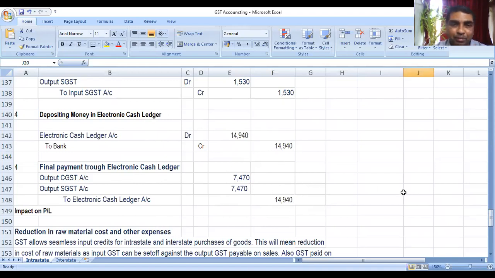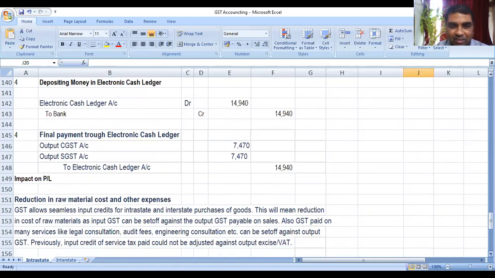Input credits are available in the electronic credit ledger, but if you deposit cash, it will be available in the electronic cash ledger. That is the difference. That is why in our basic chapter we understood what the cash ledger and credit ledger are. Okay, understood? These are the basic entries.